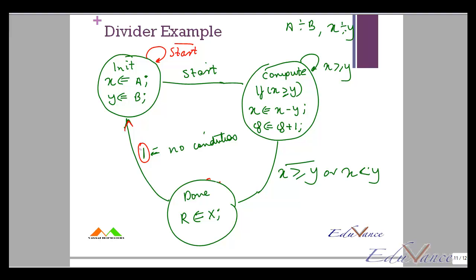So now let's think of how to implement this in VHDL. I hope this divider example is clear, that as long as my x is greater than or equal to y, I keep doing the subtraction, that is x is x minus y, and I keep incrementing the counter, that is q plus 1. So let's go through the VHDL example of this divider.